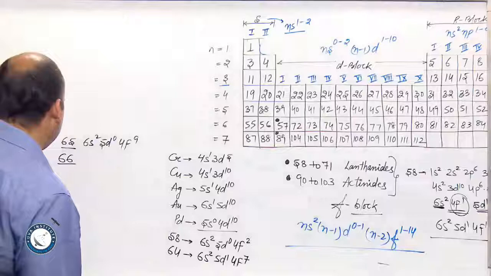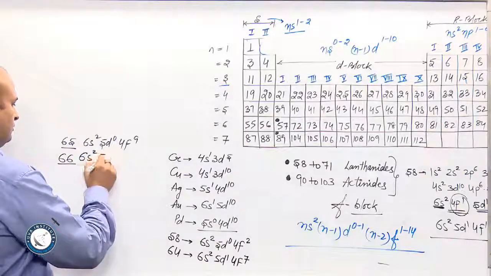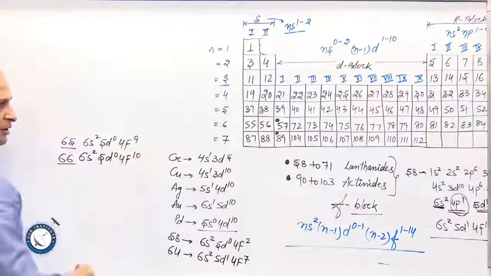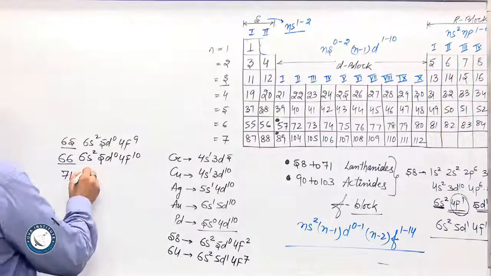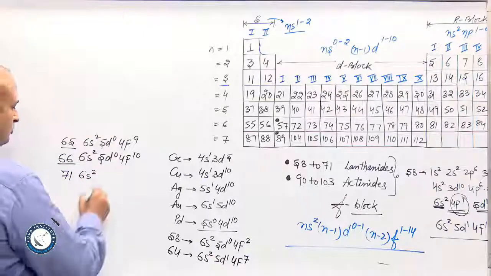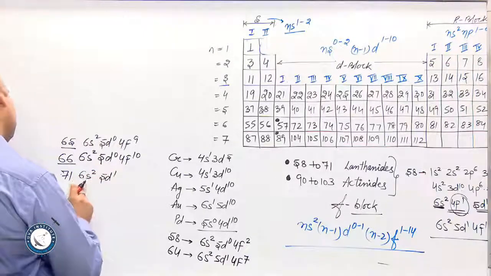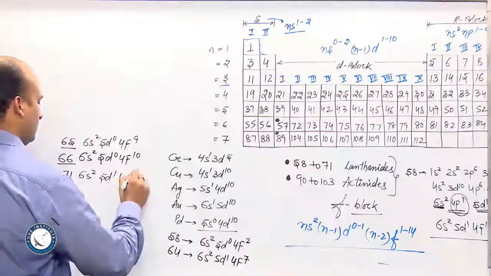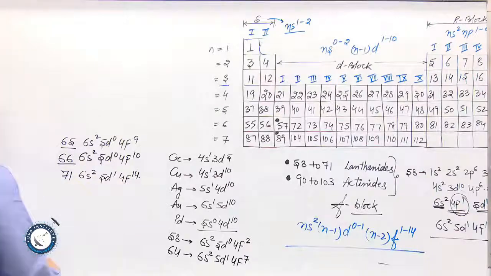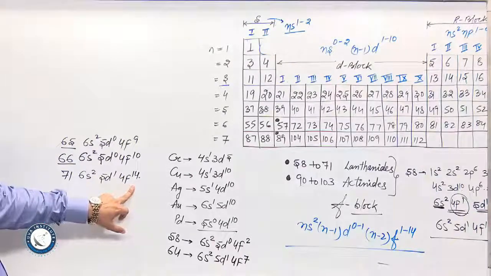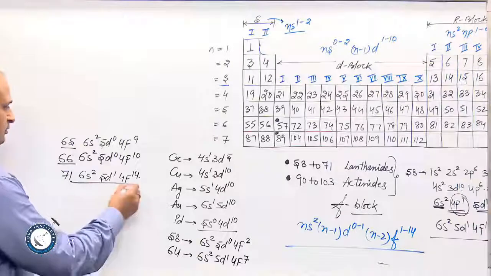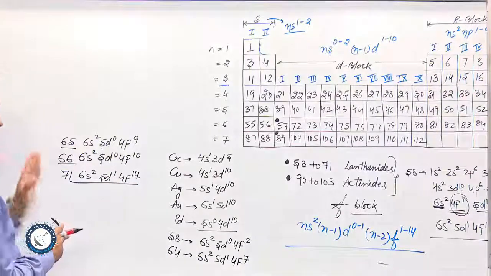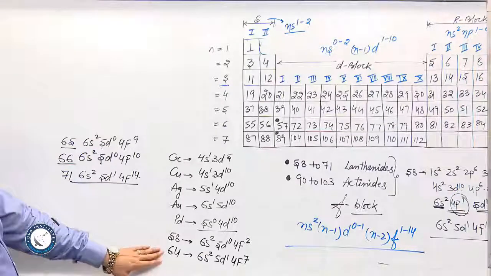For 66, 6s2. 56 plus 14 is 70 plus 71. In fact, 66. This is okay. So they can ask this, this, and this.